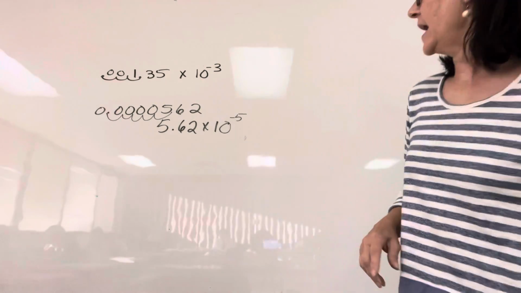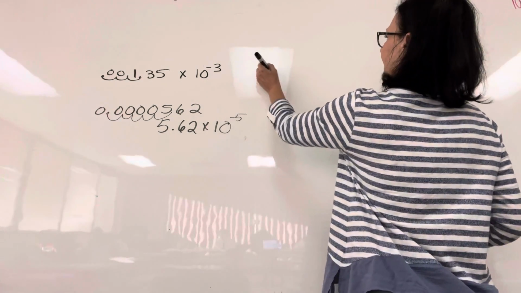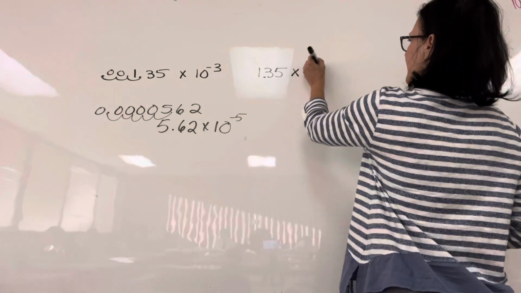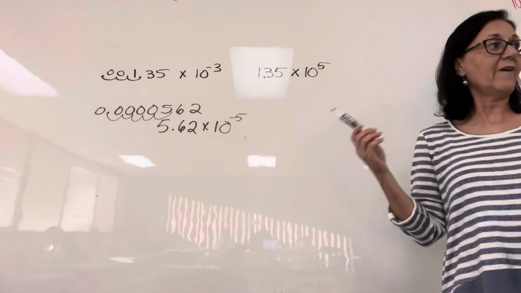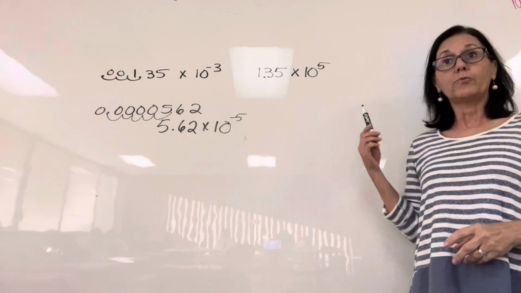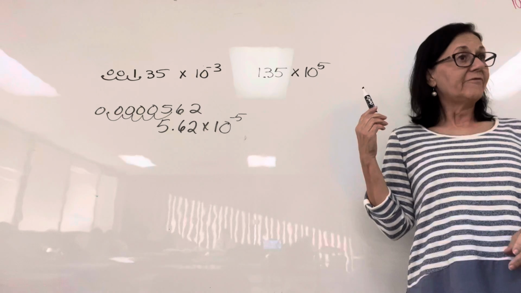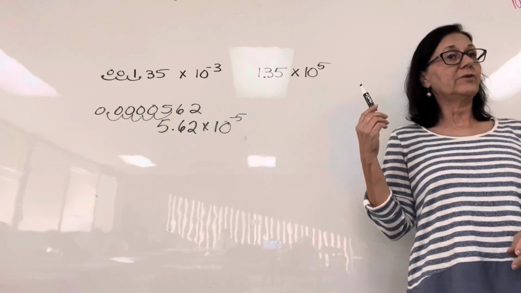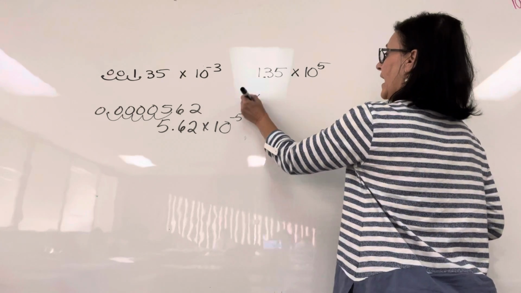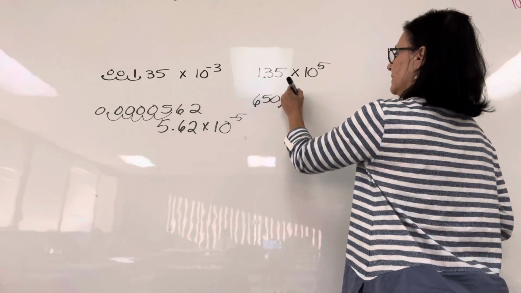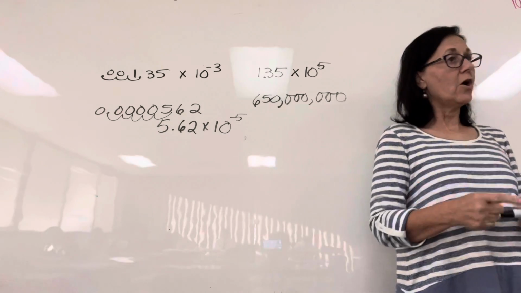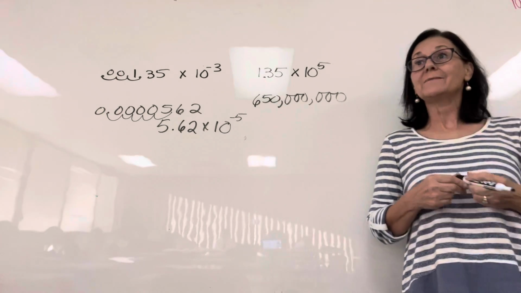All right, the same is true if I had 1.35 times 10 to the 5th. That tells me 5, positive, says move the decimal to the right by 5 places and you have the original value. So if I have a very large number, then I know my exponent is going to be positive.